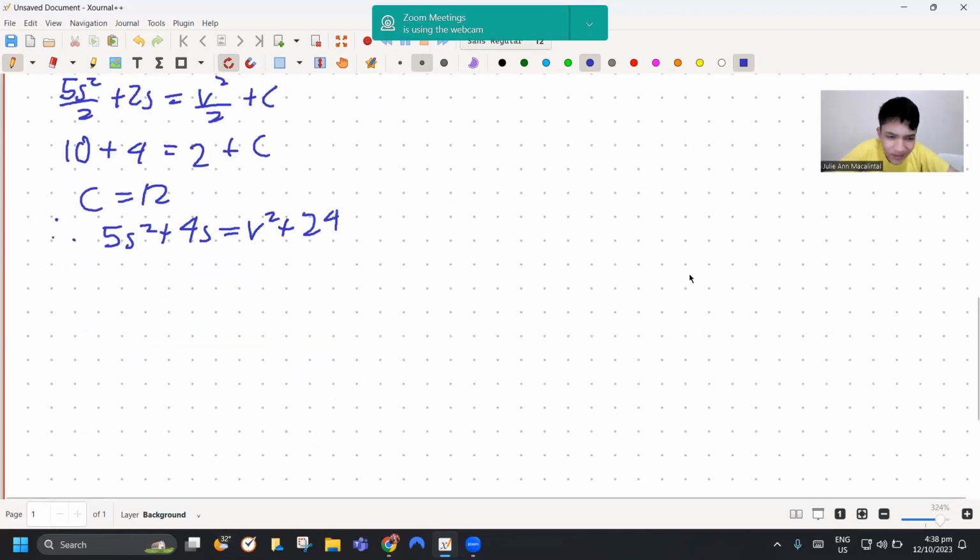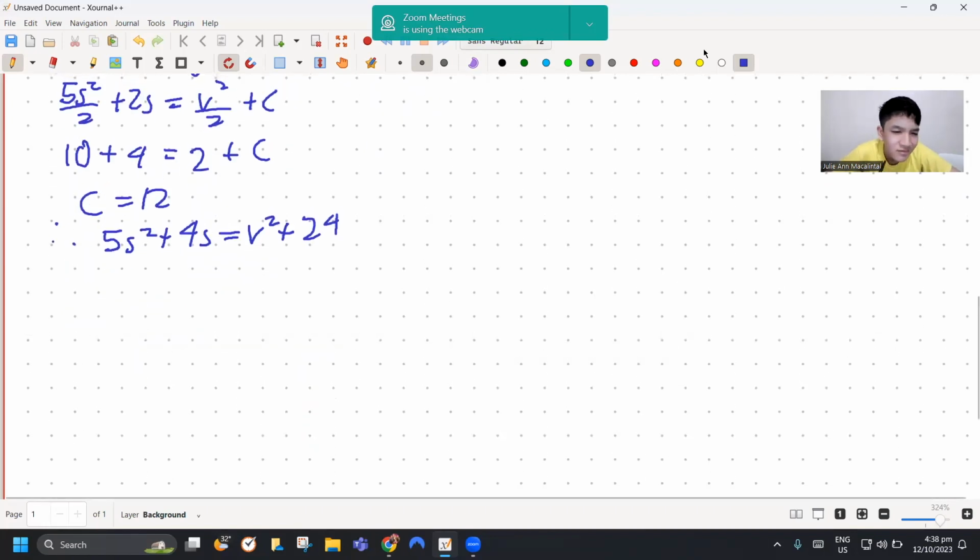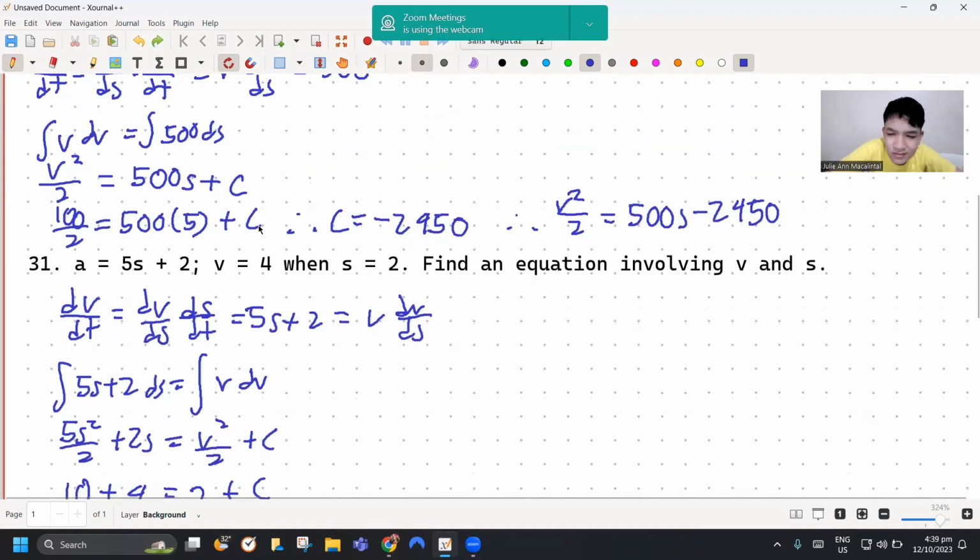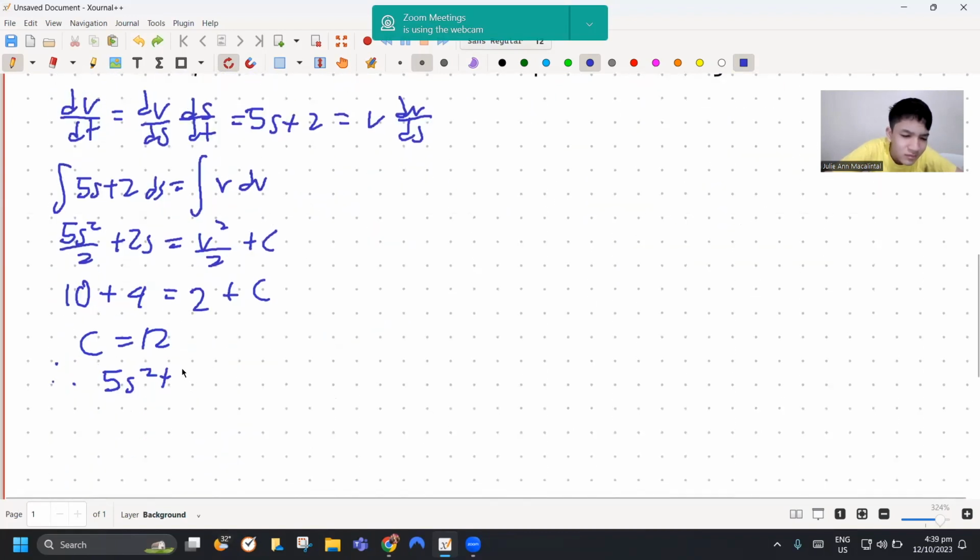Bakit? Teka. Wait. Bakit nag-iba yung definition ng arbitrary constant mo kung ganyan? Di ba v plus 2s equals v square is equal to c.